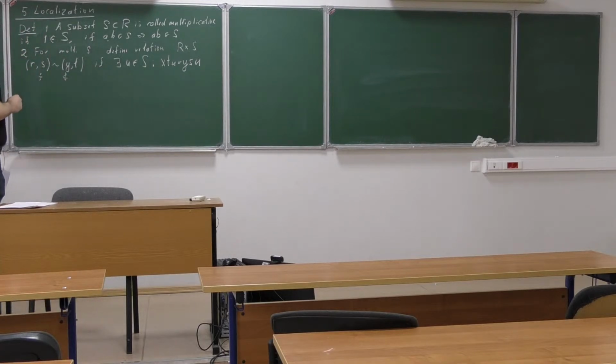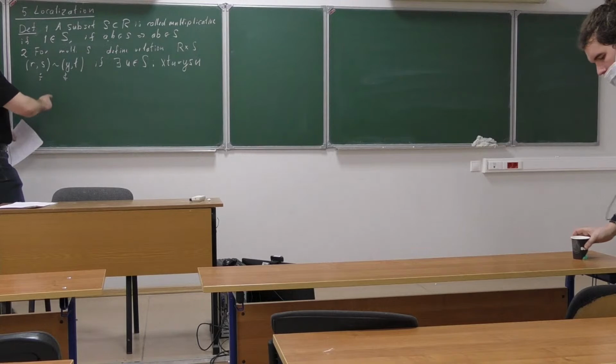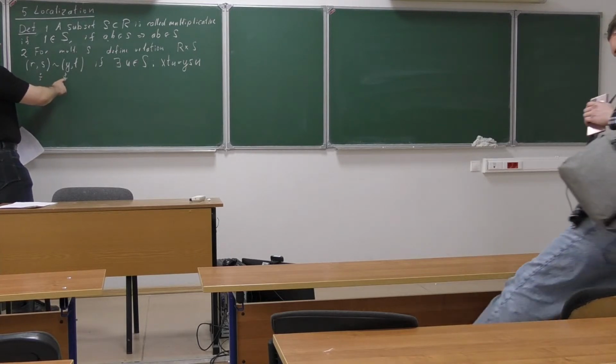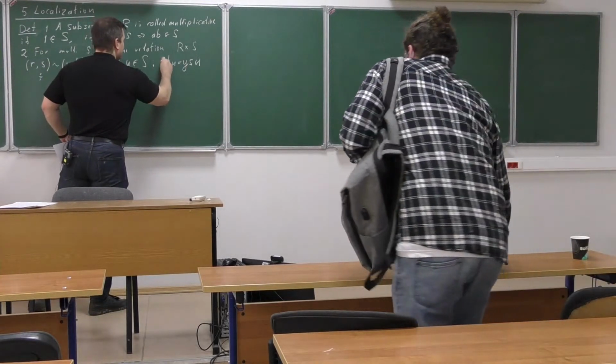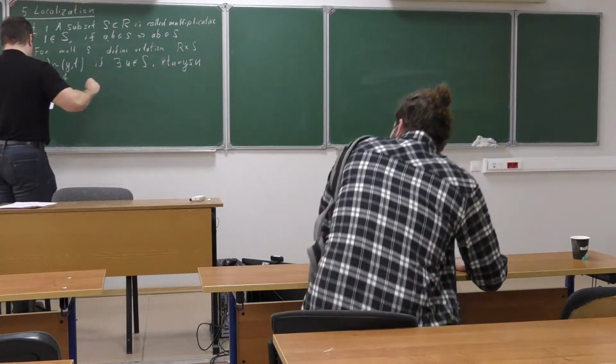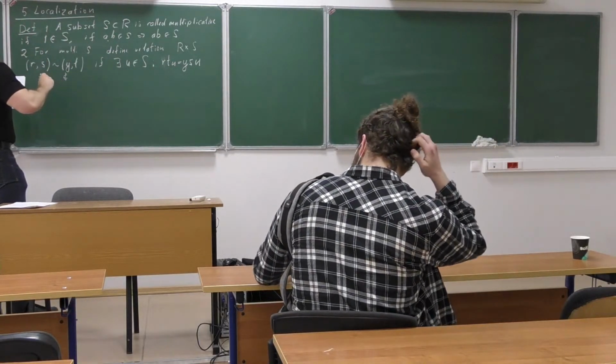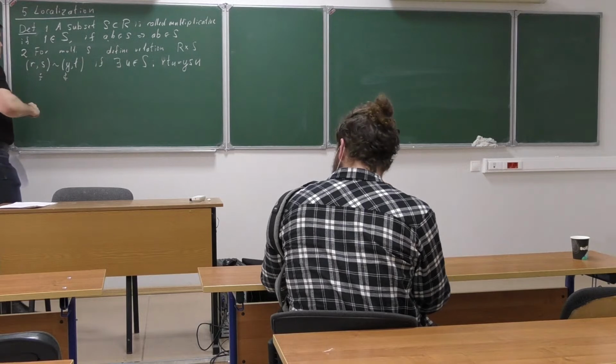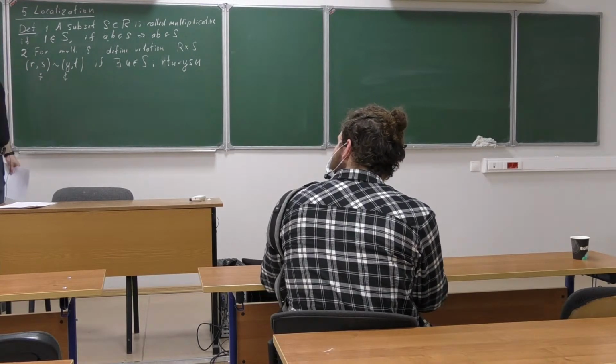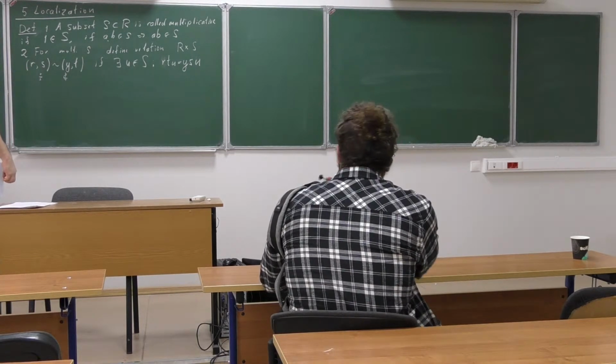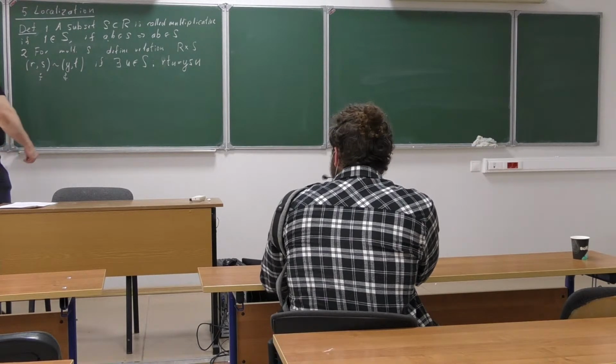Xtu equals ysu, probably, not r. Let's see. Yeah. Thank you. I just changed notation, so it was r in my notes. Okay, so that's a definition of an equivalence relation.